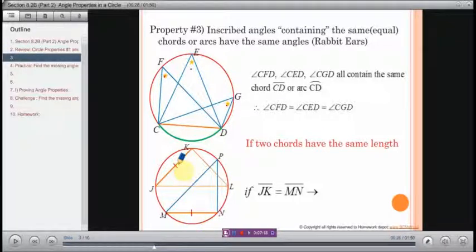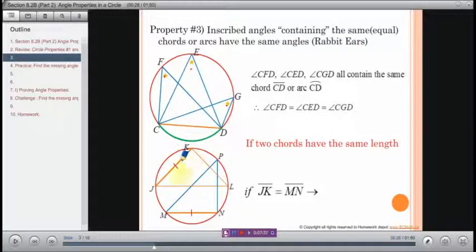Now again, when they say angles they contain, here's what you do. Here's chord MN. The angle that it subtends, the fancy word, is this one right here. Or you could say this angle comes from chord MN. That's just another way to think of it.